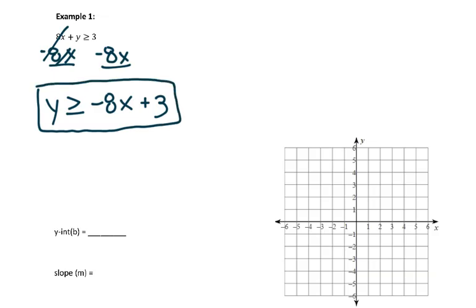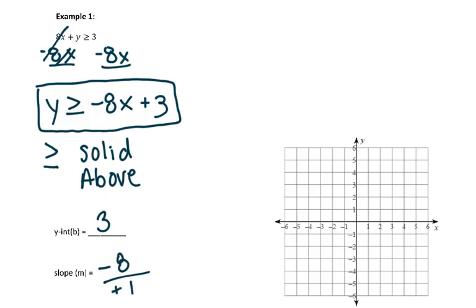So first what I want to do is I want to identify the inequality symbol, greater than or equal to. So this is going to be a solid line, and because it's greater than, it's going to be above. The y-intercept is 3, and our slope is negative 8 over a positive 1. So that's down and right, or up and left.